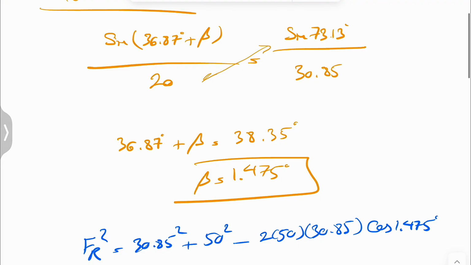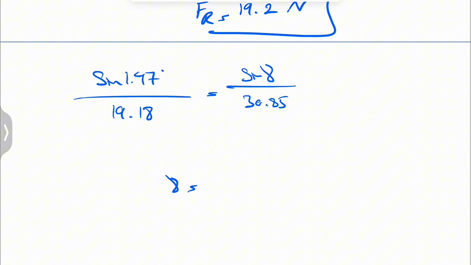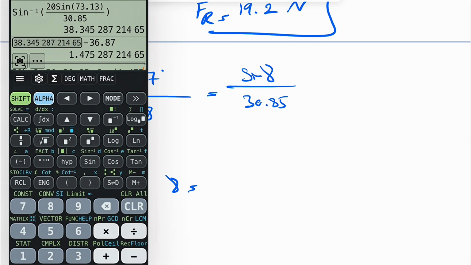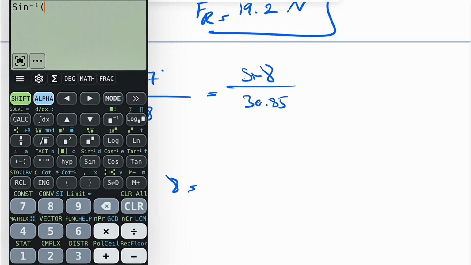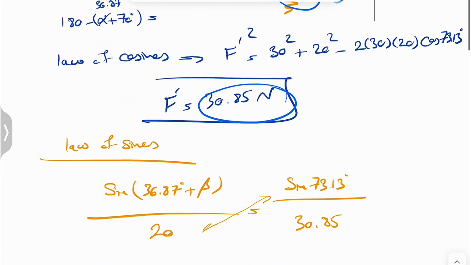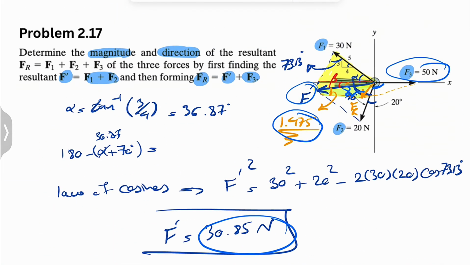Sine of gamma over the side of the triangle that is facing it, F prime, 30.85 newtons. So gamma would be sine inverse of 30.85 times sine of 1.47 divided by 19.18. And that's going to be 2.36 degrees.